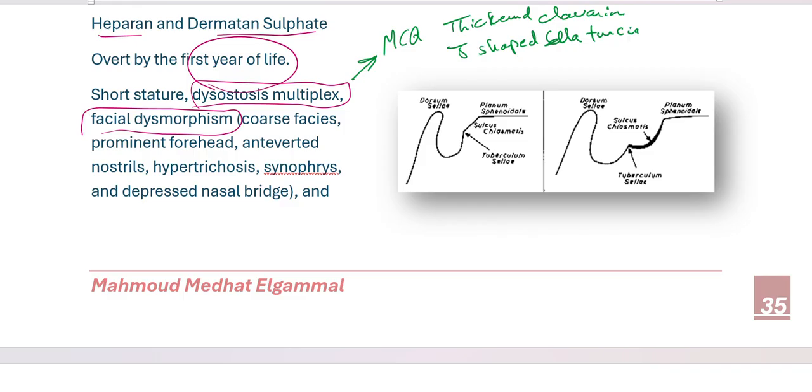So the MCQ question discusses, for example, a 2-year-old child presenting with corneal opacity, behavioral changes, and psychomotor developmental changes, and we performed an X-ray on the skull and found thickened calvaria and J-shaped sella turcica. This is a normal one, and this is J-shaped. J-shaped sella turcica, it's this slope.